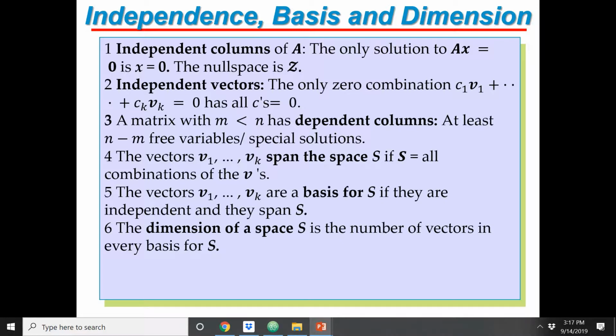And we will see lots of examples where the number of elements in the basis will always be the same, but the actual vectors in the basis don't have to be the same.